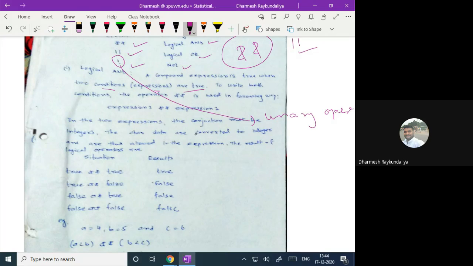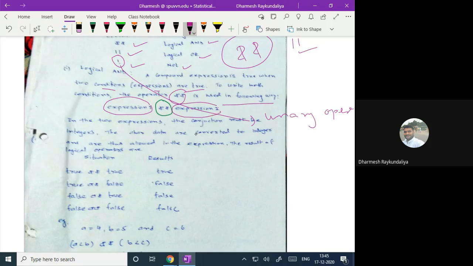To write both conditions, the logical AND operator is used in the following way. The general syntax of using logical AND is expression 1, then logical AND, that is the logical operator, and then expression 2.